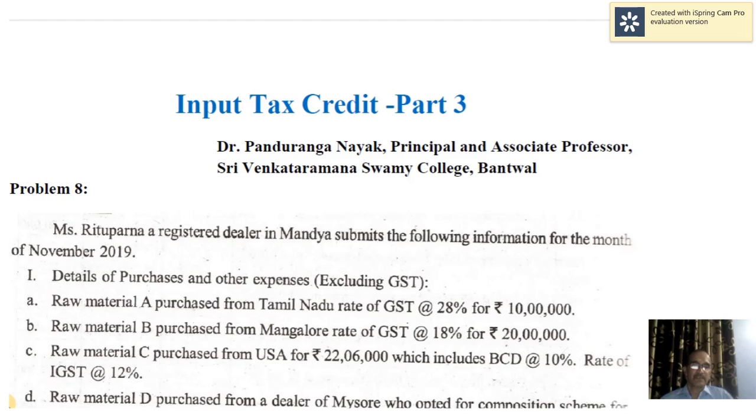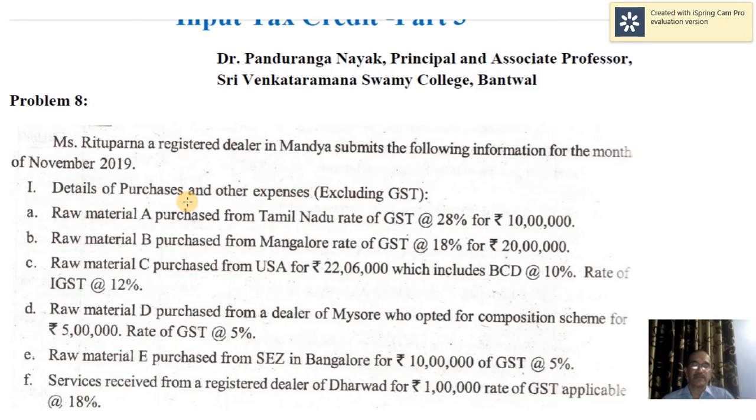Similarly, surplus of CGST input tax credit cannot be used towards the payment of SGST. Okay, right. So that's about in brief the use of ITC at the time of computation of taxes.